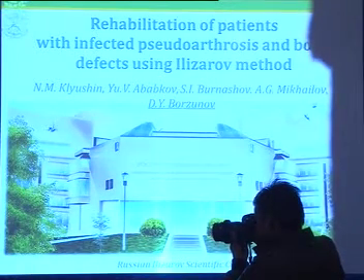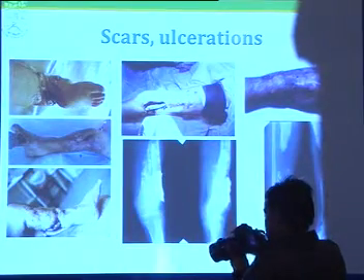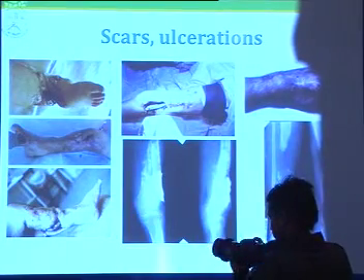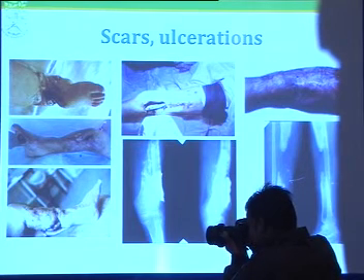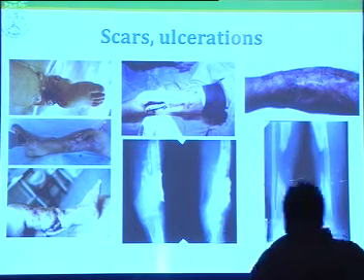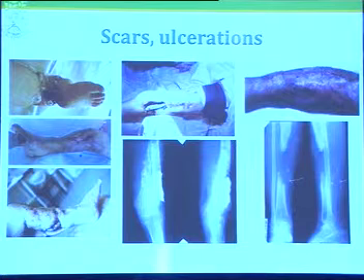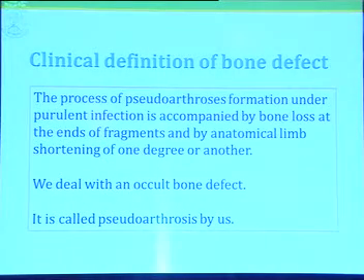Dear colleagues, a lot of patients with pseudarthrosis and defects of the tibia and femur complicated with osteomyelitis have been treated in the Ilizarov Center, with a positive result in 98.1%.